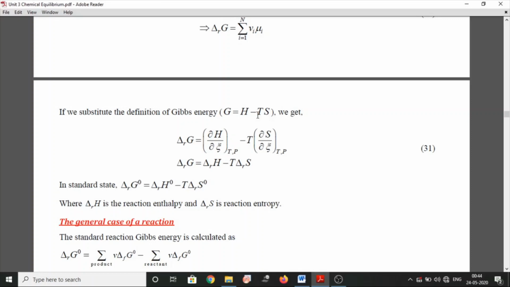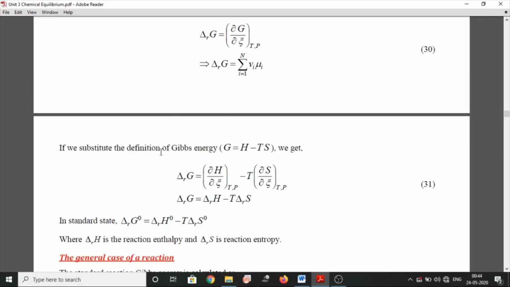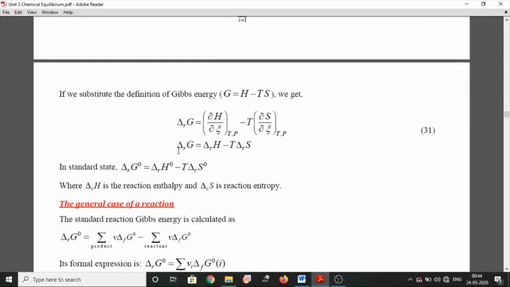Similarly, temperature is constant, so again the partial entropy over the partial extent of reaction. Again, the partial free energy over the partial extent of reaction is Δ_rG, as we have just discussed. So what I will get: Δ_rG is equal to Δ_rH minus TΔ_rS.